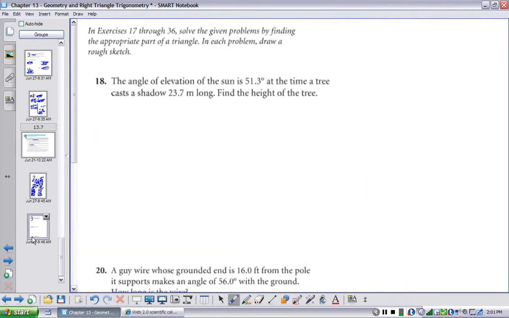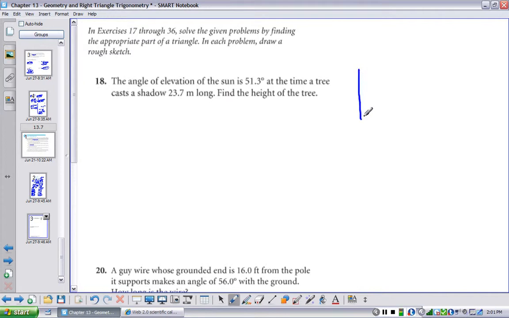All right, a couple more problems. Here we have the actual word problems, application problems. And we have to draw a sketch in dealing with these type problems as well. Number 18 says the angle of elevation of the sun is 51.3 degrees at the time a tree casts a shadow 23.7 meters long.